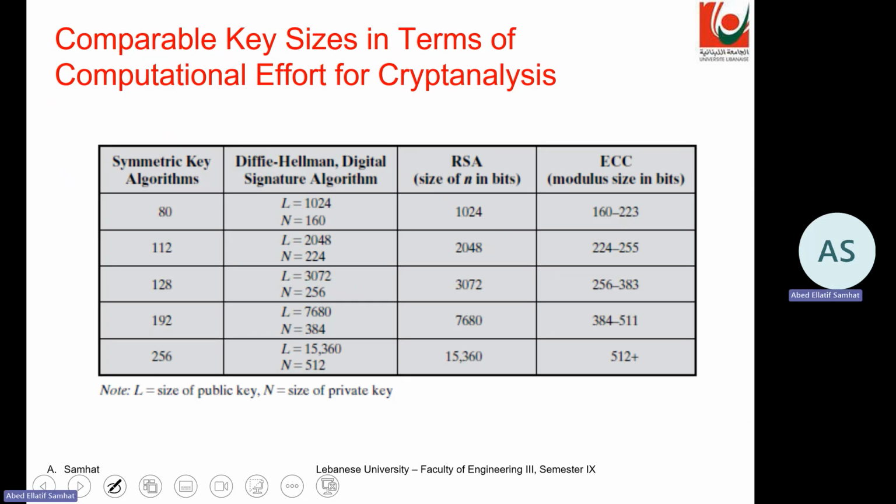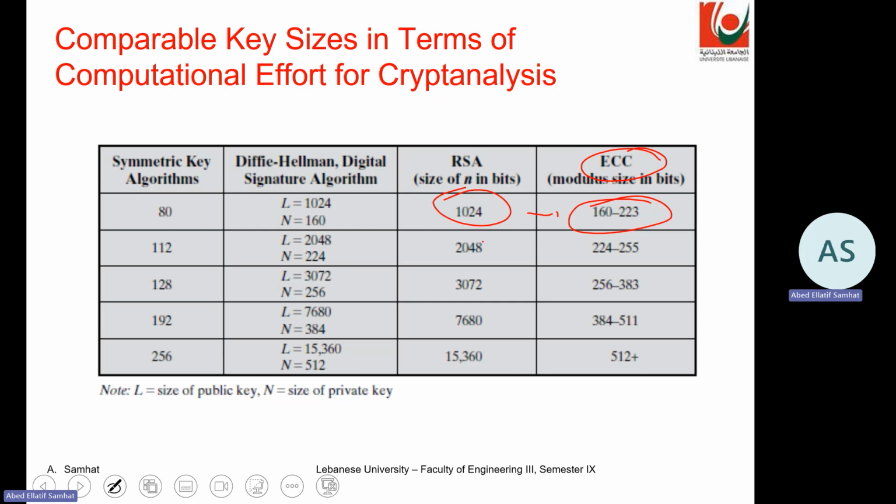The importance of elliptic curves is that we are able to have a high level of security with a relatively smaller key size than RSA. For example, with RSA at 1040 bits, we could have the same level of security as an elliptic curve with, for example, around 200 bits.